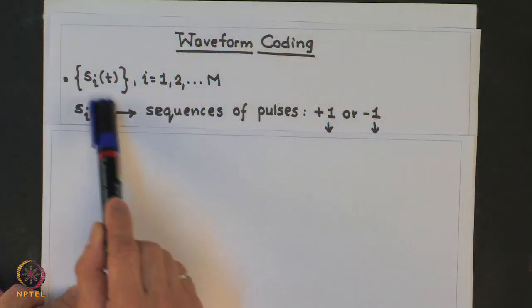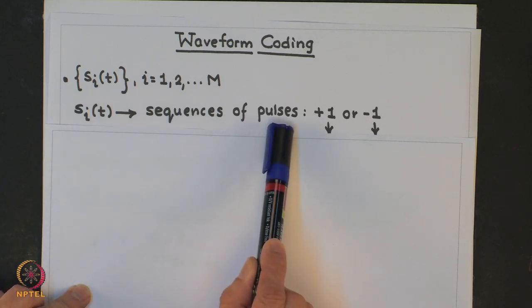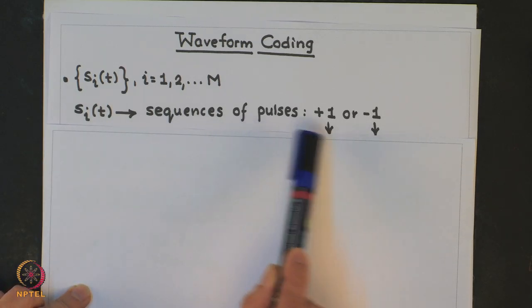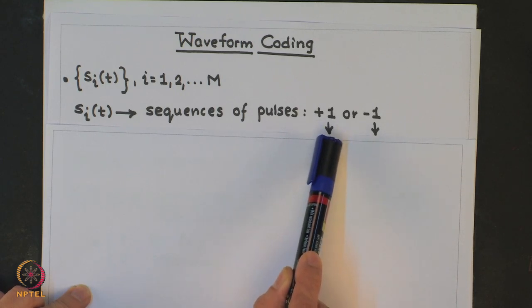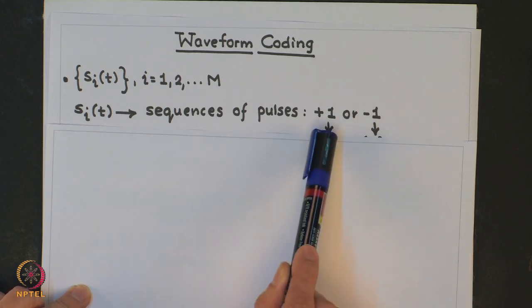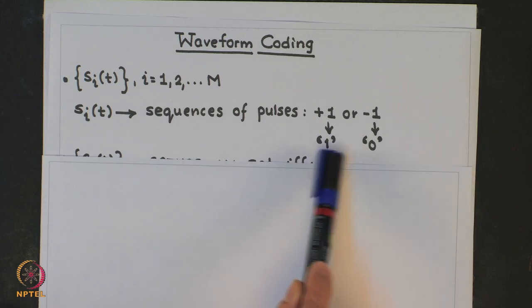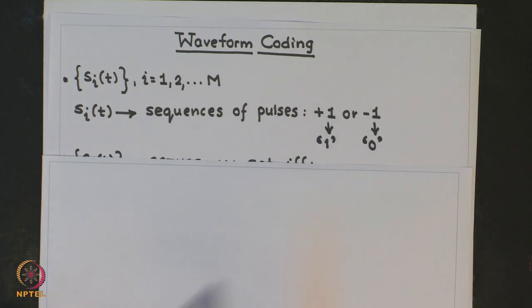We will take one example of waveform coding. So each signal consists of a sequence of pulses where each pulse is designated with a level +1 or -1, which in turn represents the binary digit 1 or 0 respectively.